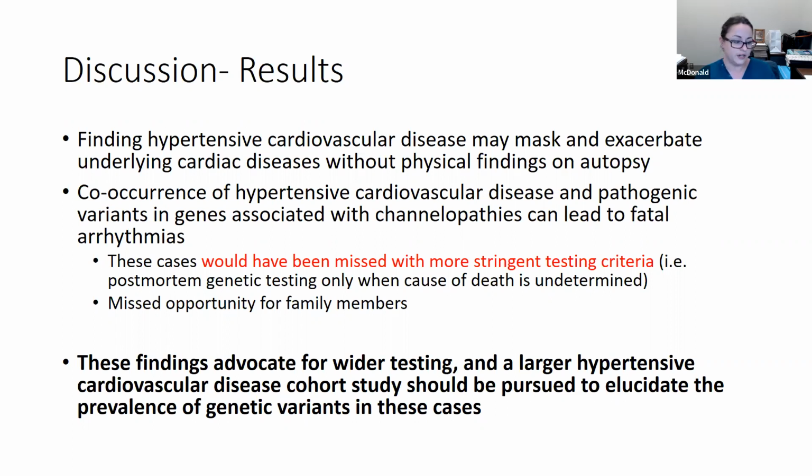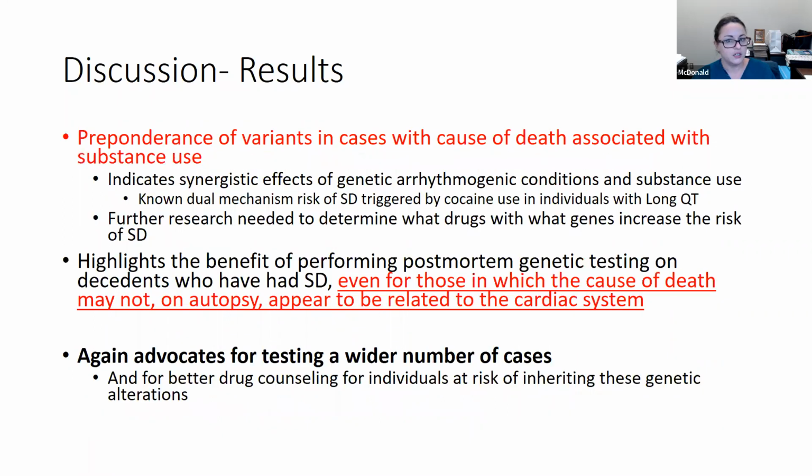So their ultimate point here is that there needs to be wide testing, and it includes those who might already have a stated cause of death. This is also highlighted in the discussion talking about those cases associated with substance abuse.